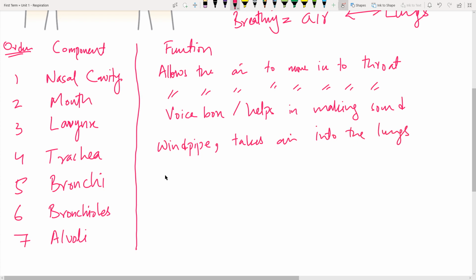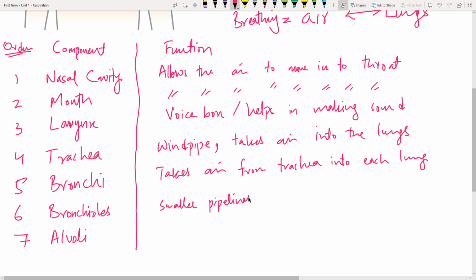Then we have the bronchi, which take air from the trachea into each lung. Then bronchioles, smaller pipelines leading to the alveoli. And then the alveoli help exchange gases from blood. And the passageway is the same way all the way back up.